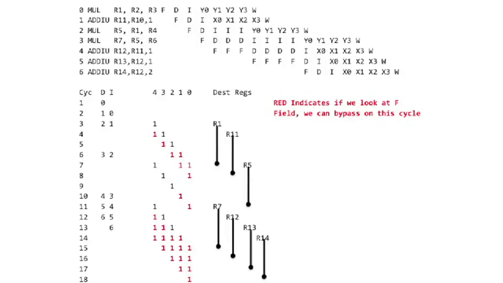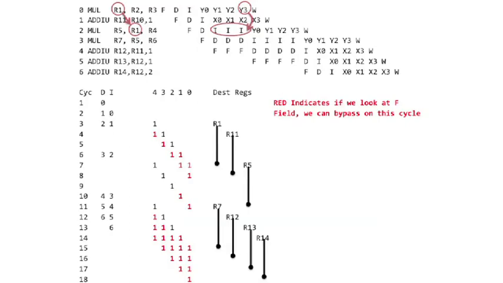OK, so let's look at our first real read after write dependence. Here we have a multiply, which is dependent on R1. As you can see, that instruction is going to sit in the issue stage until that value is bypassed down here into the issue stage, and then that instruction can issue.